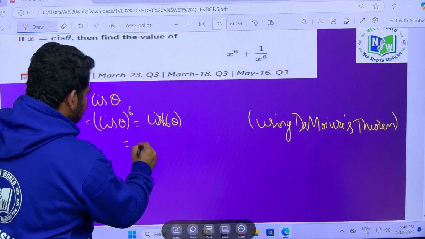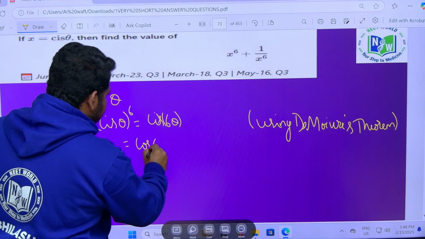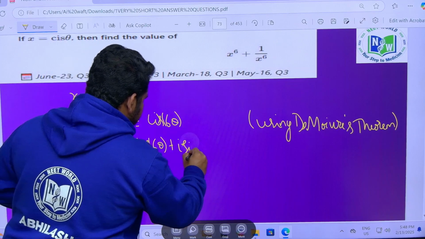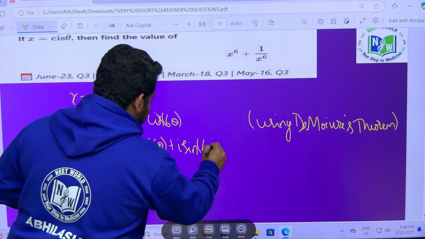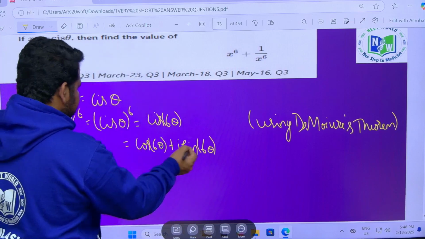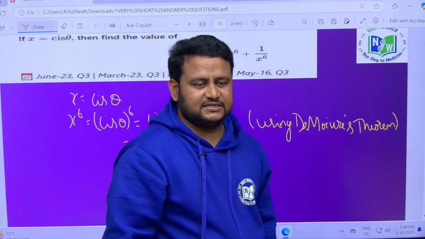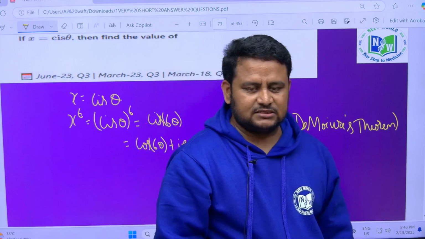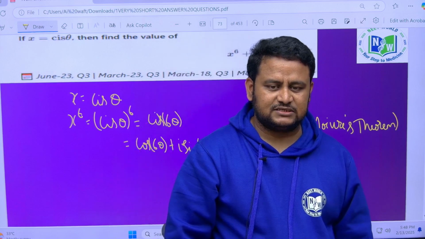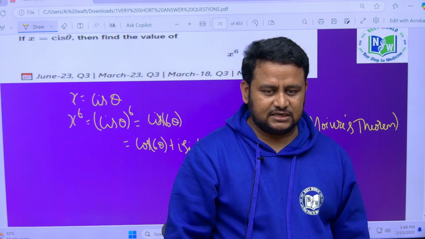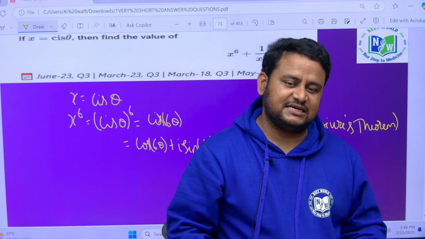So that will be equal to cos 6 theta plus I sin 6 theta. So x to the power of 6 is this. We studied that cos theta plus I sin theta can be written as 1 by cos theta minus I sin theta, and similarly cos theta minus I sin theta is 1 by cos theta plus I sin theta.